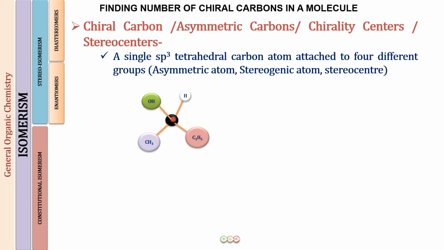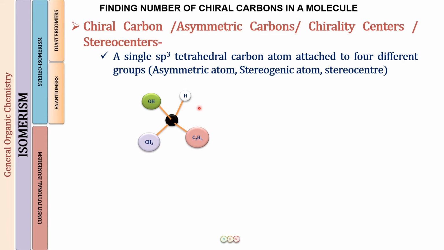I have discussed this in detail in my course on general organic chemistry part 2, where we discuss everything about isomerism for organic compounds. There, you can watch lecture number 2 of optical isomerism to have this understanding in detail.